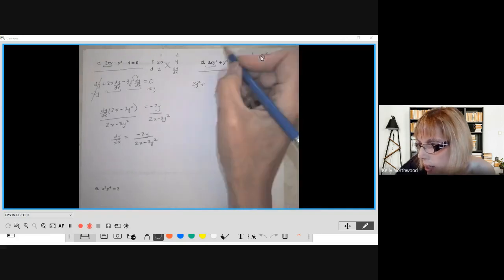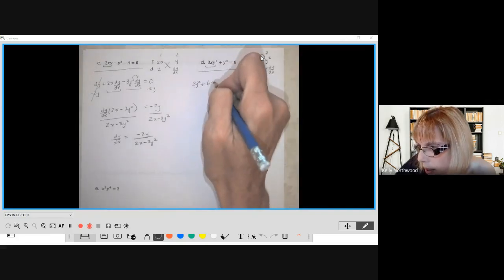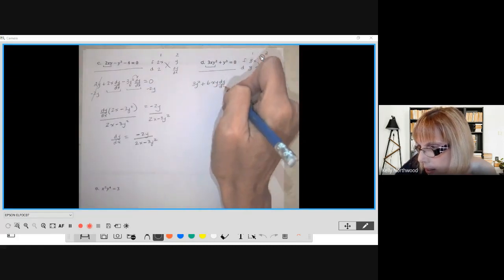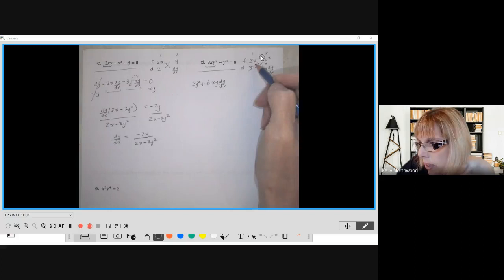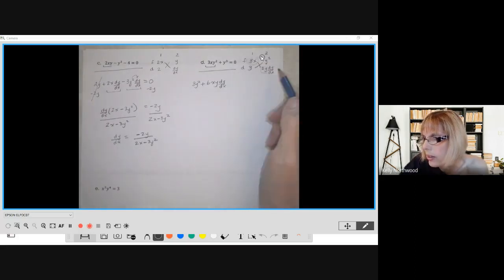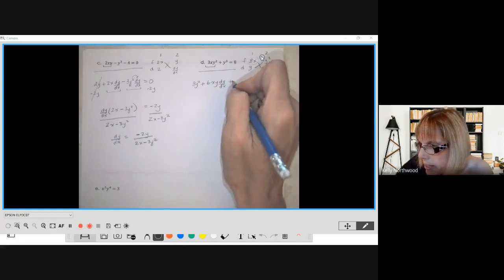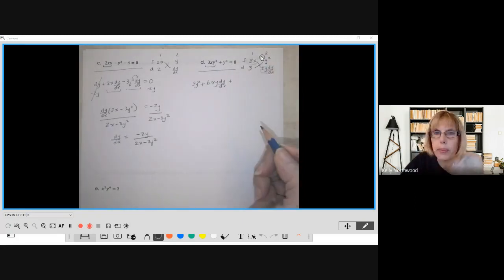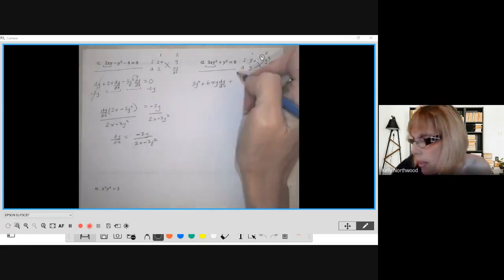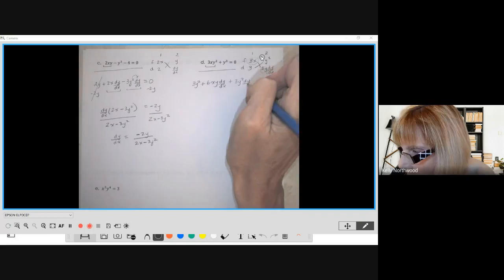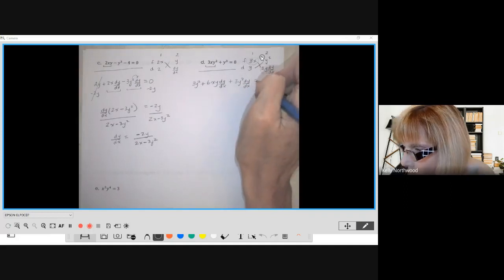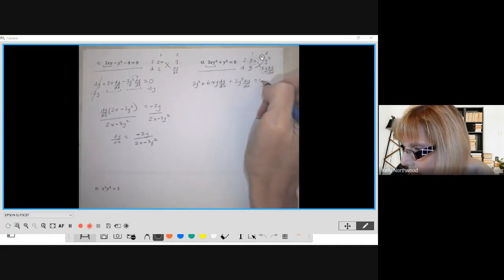So 3x times 2y is actually 6xy times dy by dx, because you can multiply the monomials together. Then it's going to be plus the derivative of y cubed with respect to x. So that's going to be 3y squared dy by dx equals, and the derivative of 8 is 0.